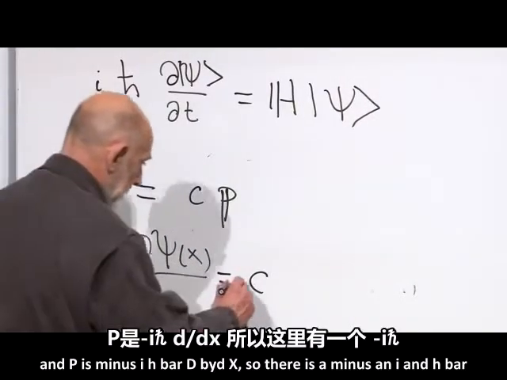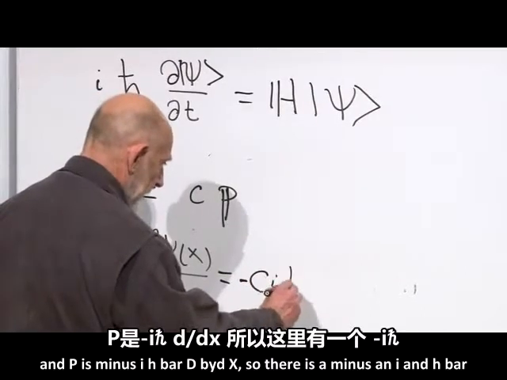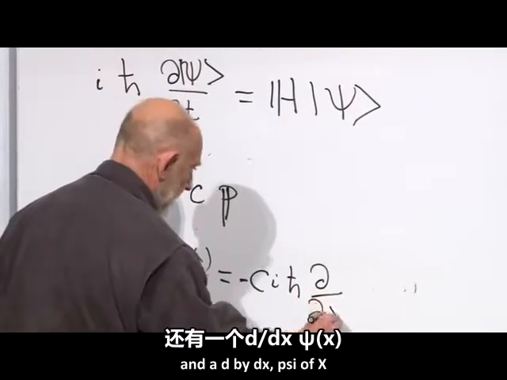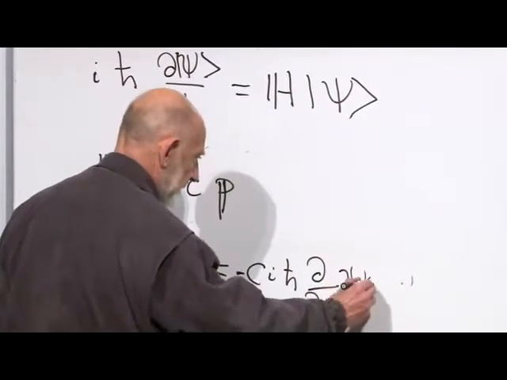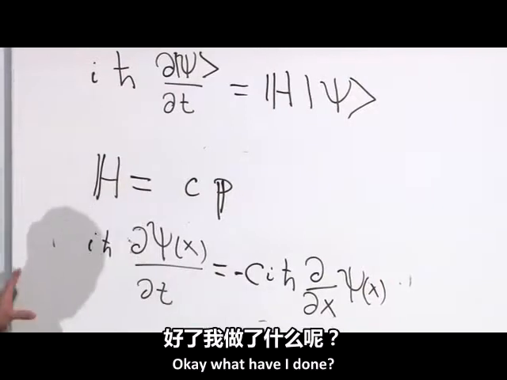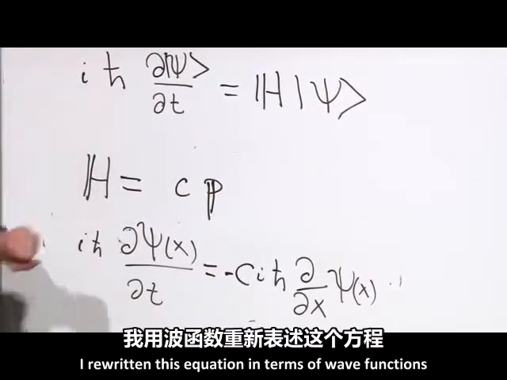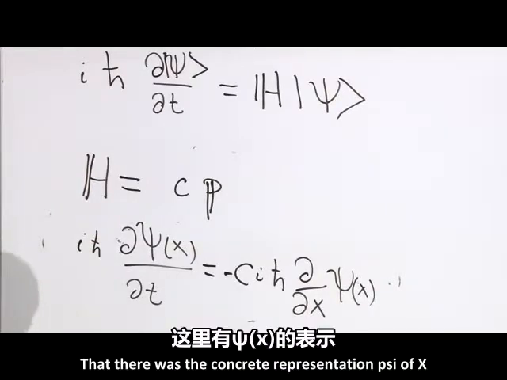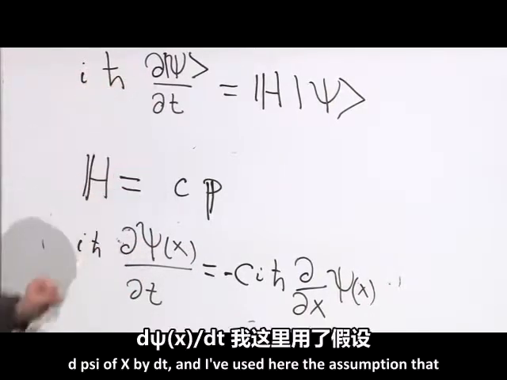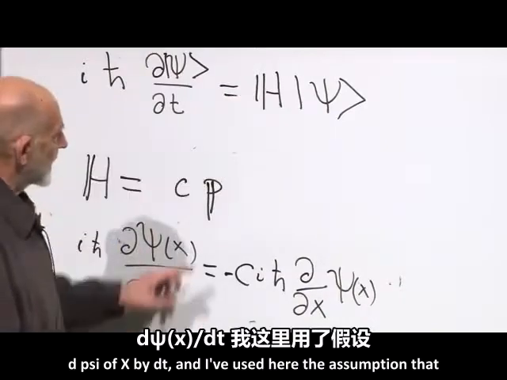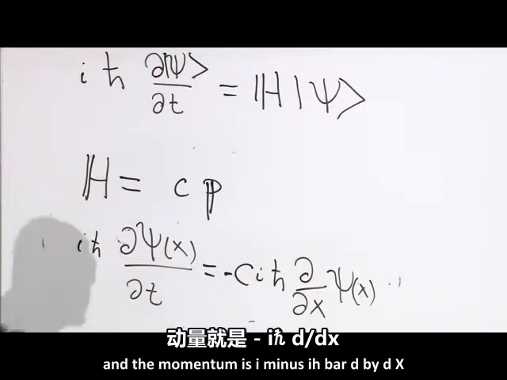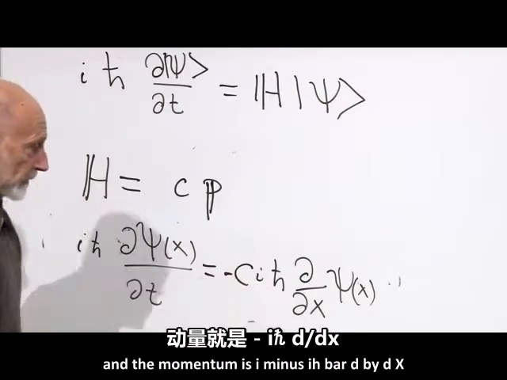So there's a minus, an i, an h bar, and a d by dx, acting on psi of x. Okay, what have I done? I've rewritten this equation in terms of wave functions, in other words, a concrete representation. I've used the assumption that the Hamiltonian is just equal to C times the momentum, and the momentum is minus i h bar d by dx.